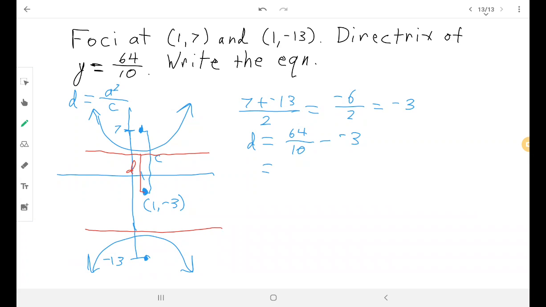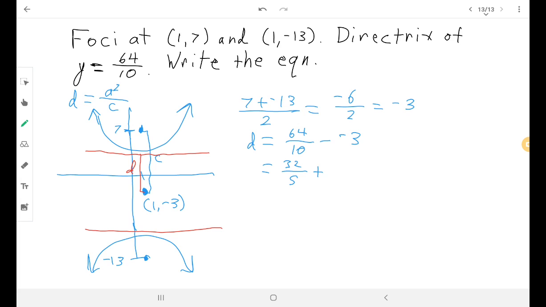Let me reduce this 64 over 10 by at least 2. That's ridiculous that it's sitting there at 64 over 10. So 64 divided by 2 is 32, so it's 32 over 5.